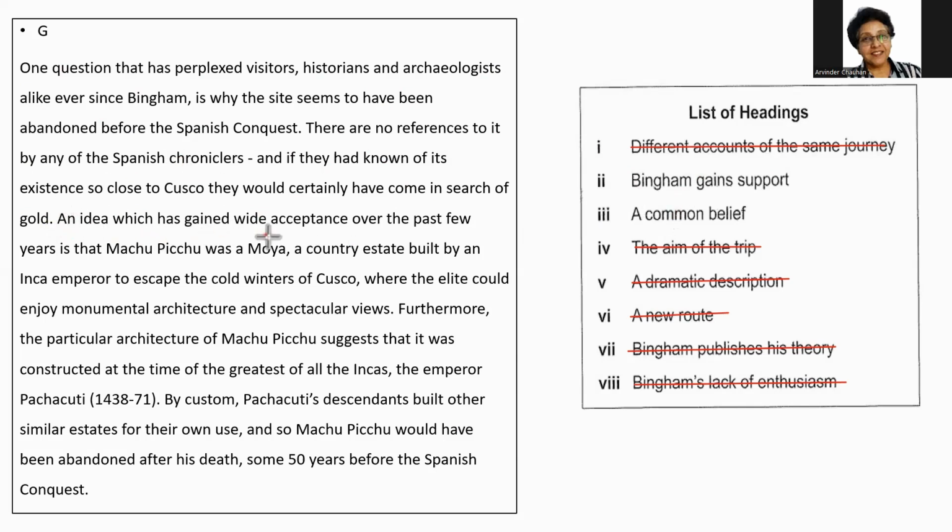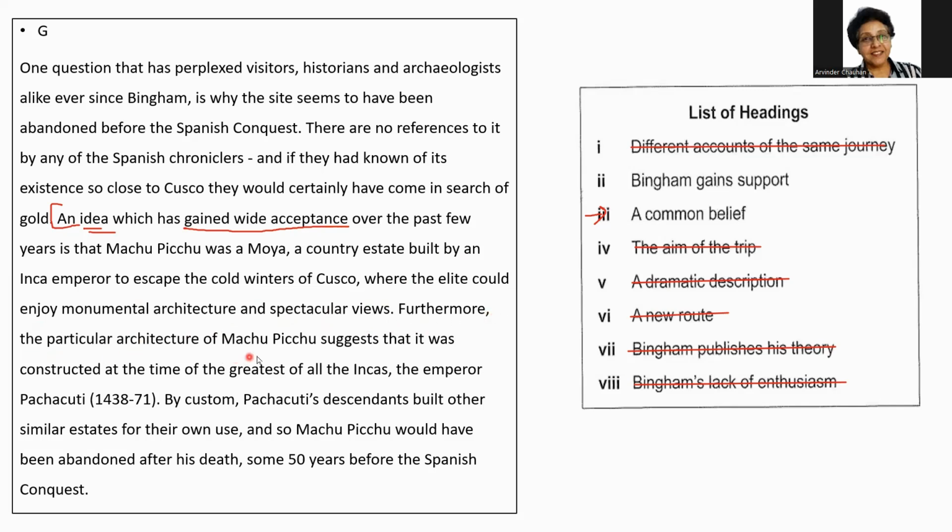So an idea which has gained wide acceptance. So here is a clue. An idea which has gained wide acceptance. It could be possibly a common belief, but let's read on. Okay, so an idea which has gained wide acceptance over the past few years is that Machu Picchu was a Moya, a country estate built by an Inca emperor to escape the cold winters of Cusco, where the elite could enjoy monumental architecture and spectacular views.